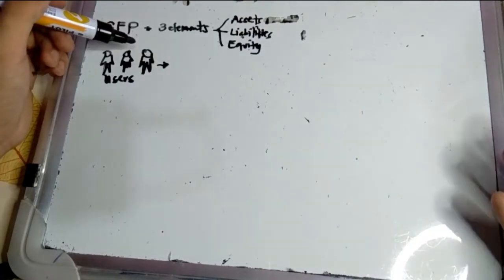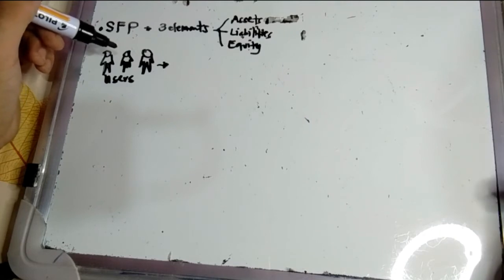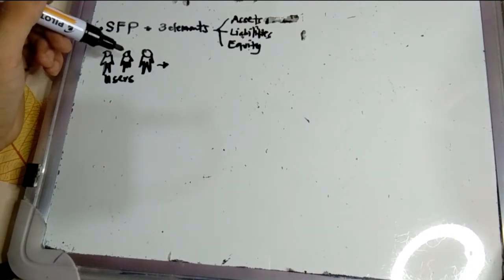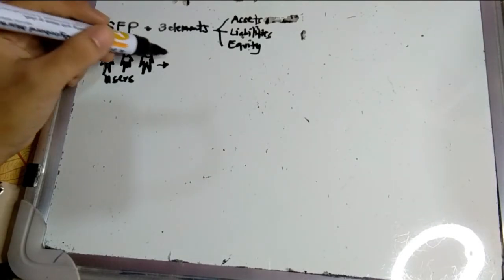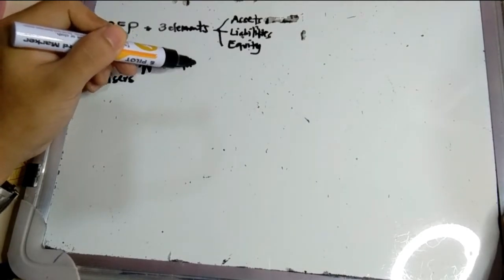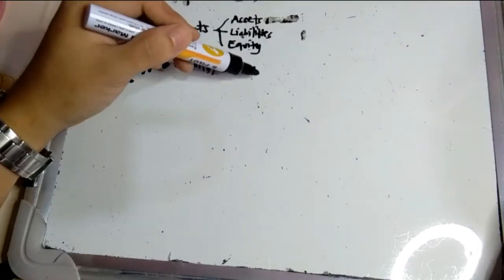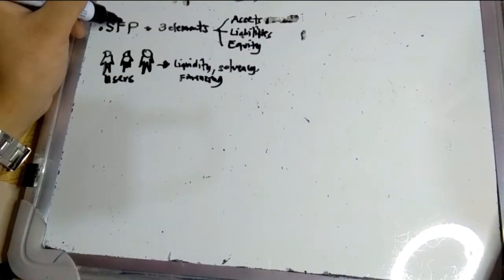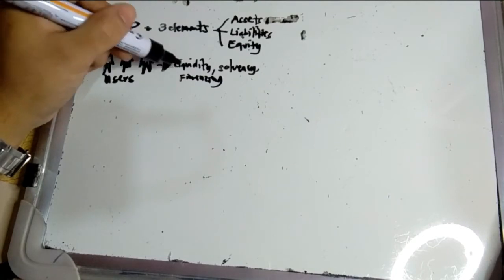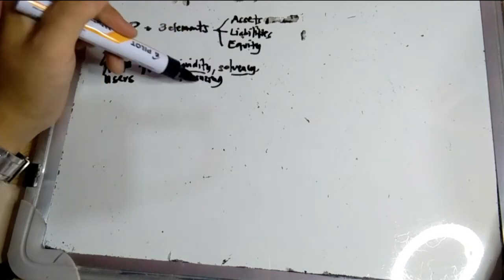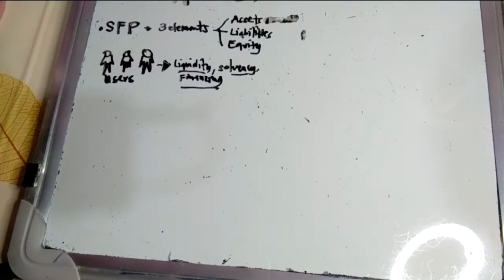Kaya siya tinawag na statement of financial position because users of financial statements, primarily investors, creditors, and other statement users, analyze the statement of financial position to evaluate such factors as liquidity, solvency, and the need of the entity for additional financing. Kaya pala tinawag na financial position kasi ini-evaluate niya kung liquid pa ba si company, solvent pa ba si company, at kailangan na ba niyang umutang or need ba siya ng additional financing.